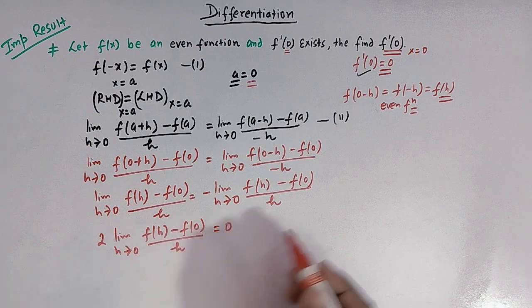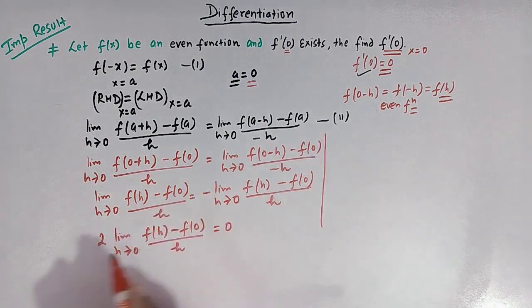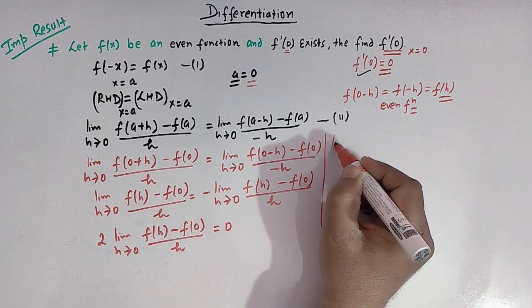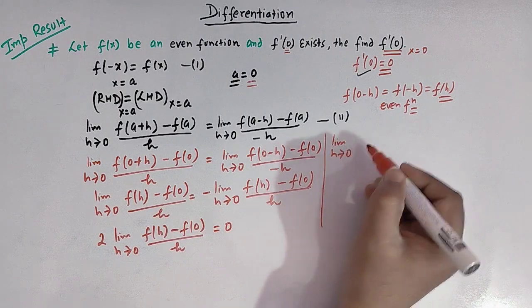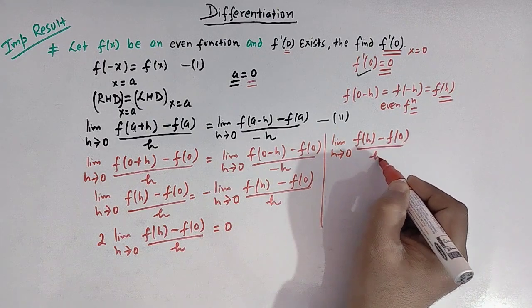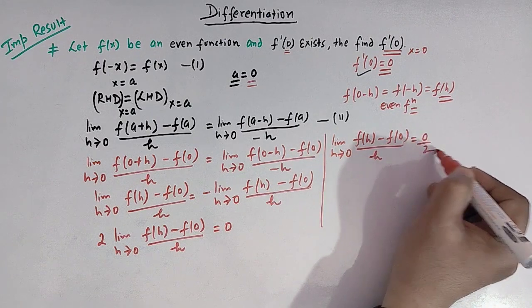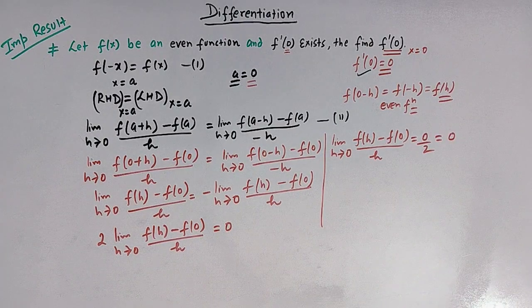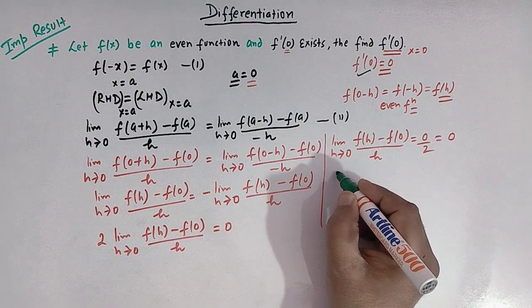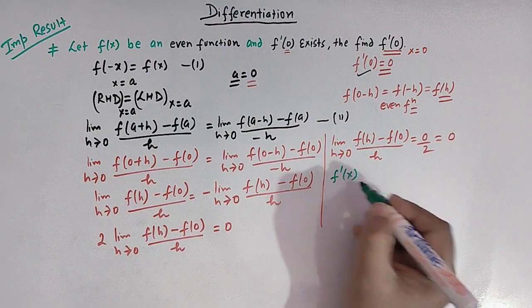So now we can easily remove this 2, and we have limit h tends to 0, f of h minus f of 0 divided by h, and this is 0 over 2, that is equal to 0, right? Now at this step, let us see the definition of f prime of x, right?